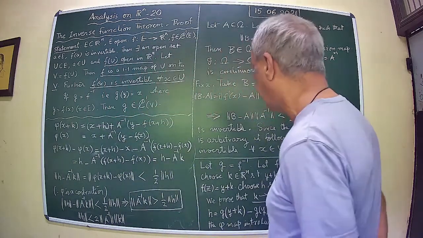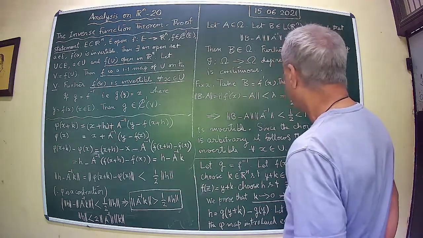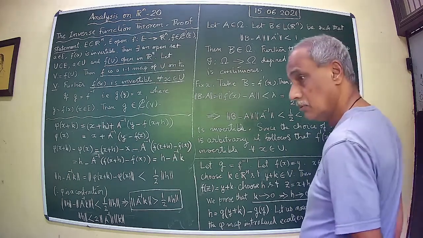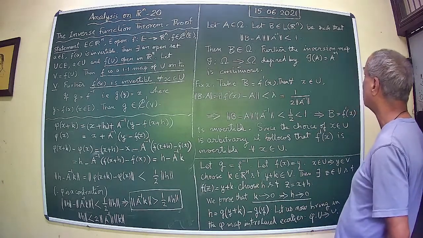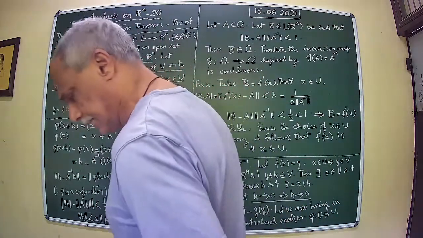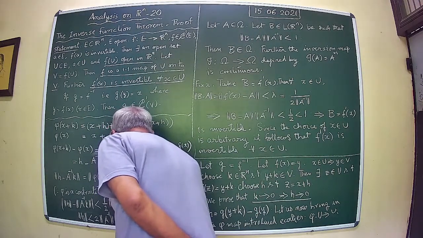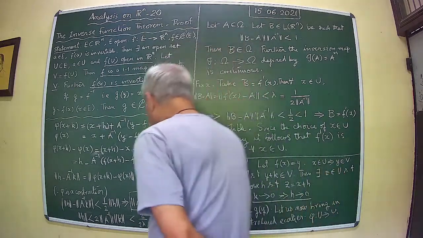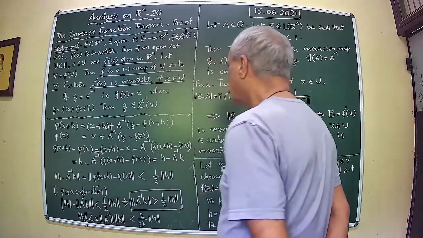And norm of A inverse we already know because we have had some kind of estimation earlier. What is that? Some estimate that we have used earlier. So you see that this is less than 2 divided by 2 lambda norm of h.